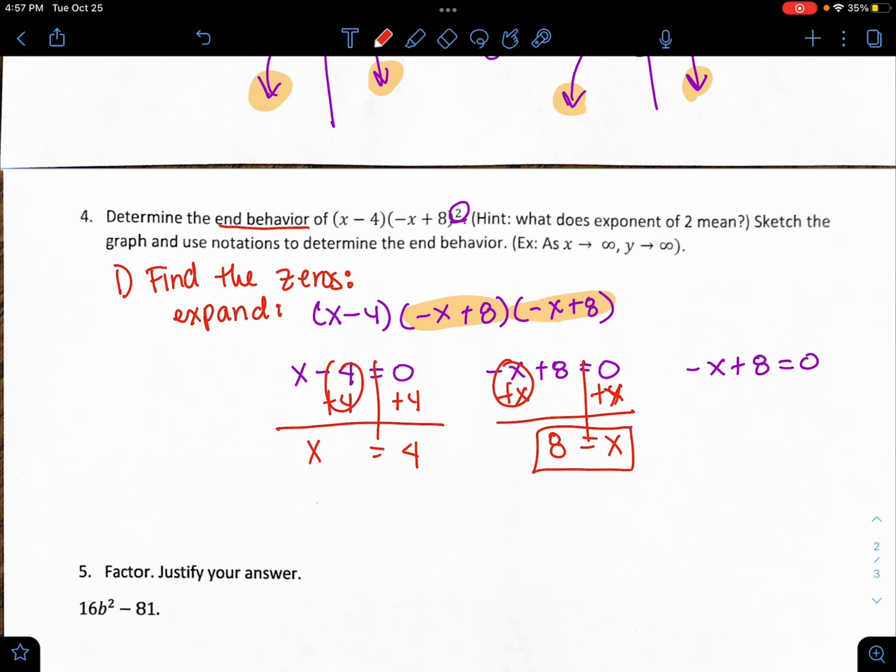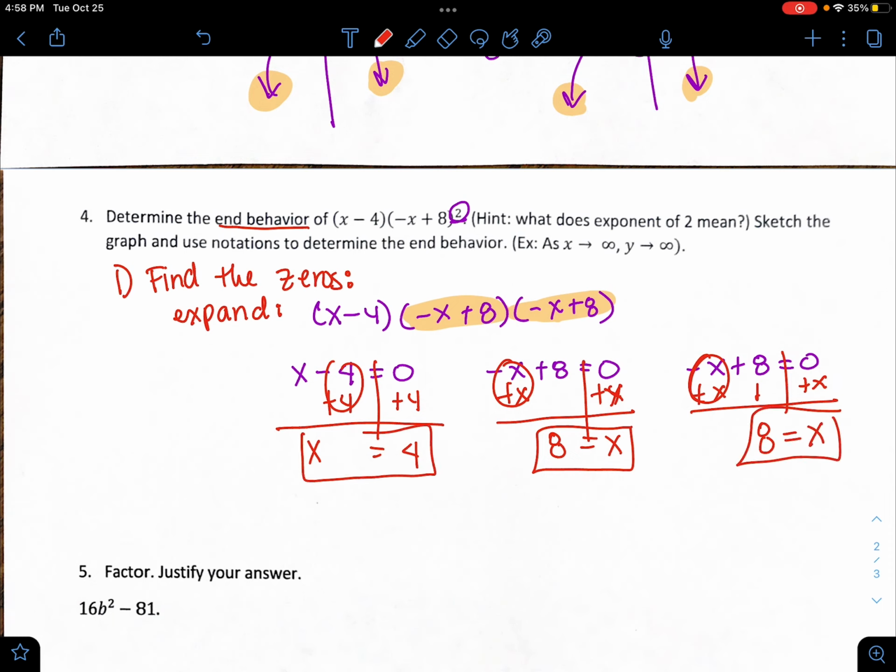Make sure that x is positive to see if you're done. Okay, x has to be positive to be done. I'm moving x to the other side because it's easier than dividing x and dividing 1. So this becomes just 8 equals x.